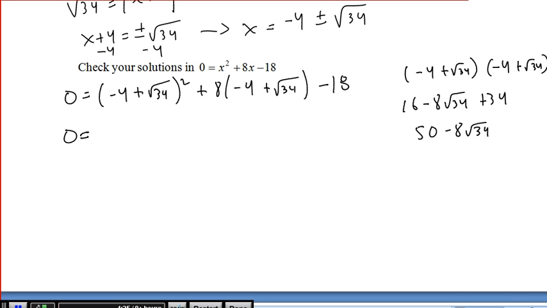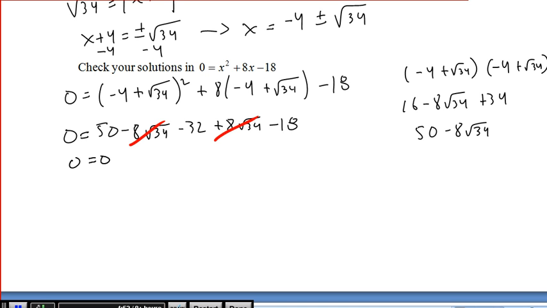So negative 4 plus root 34 squared is 50 minus 8 root 34. And not surprisingly, because we're going to equal 0, we've got plus 8 root 34 minus 8 root 34, and our numbers cancel as well, so we get 0 equals 0.